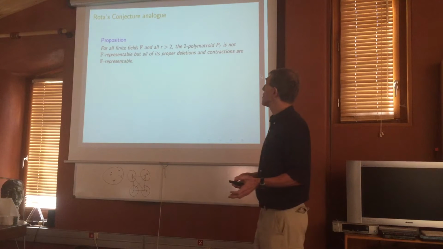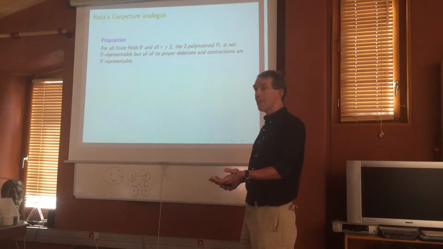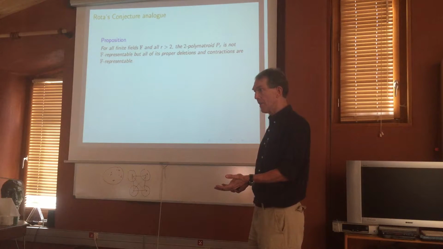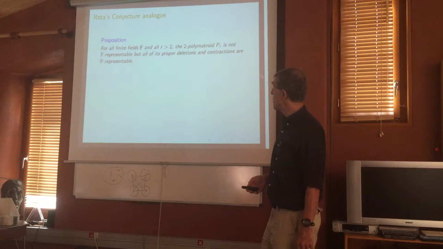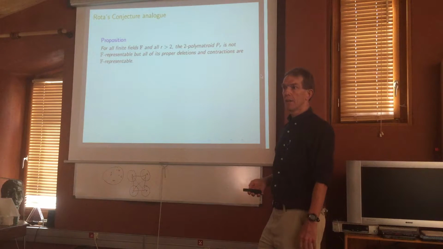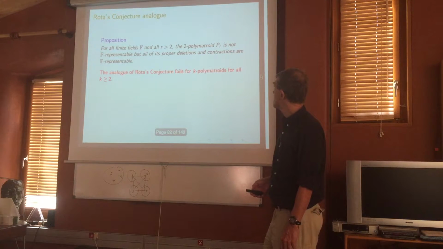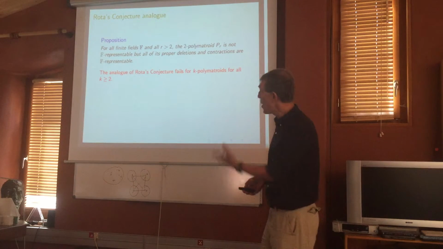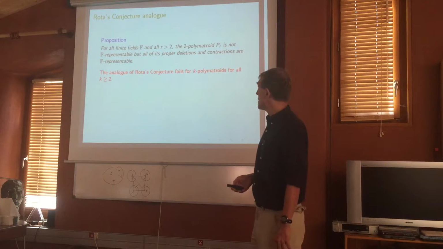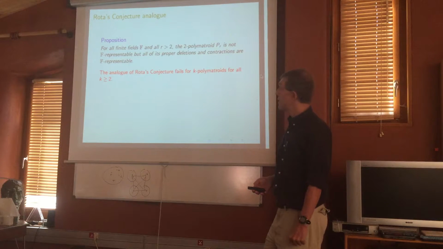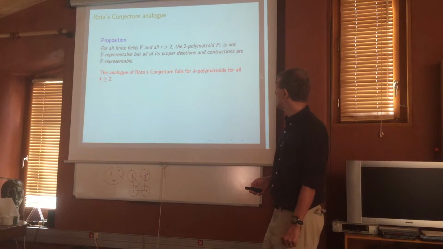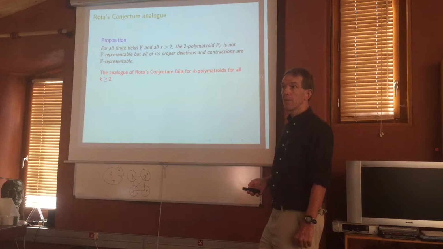So if you wanted Rota's conjecture and you're only going to allow these operations of deletion and contraction as I've defined them, then you're not going to get it. And you can modify this example very simply to get a counterexample to Rota's conjecture for all k when you're dealing with k-polymatroids.